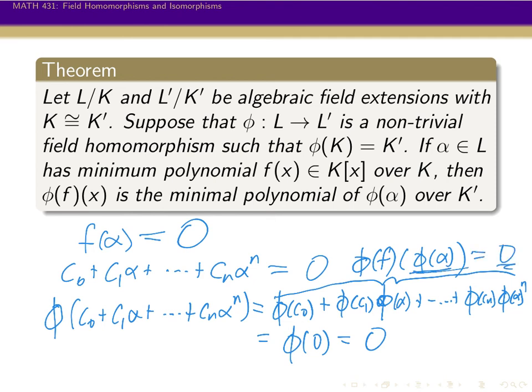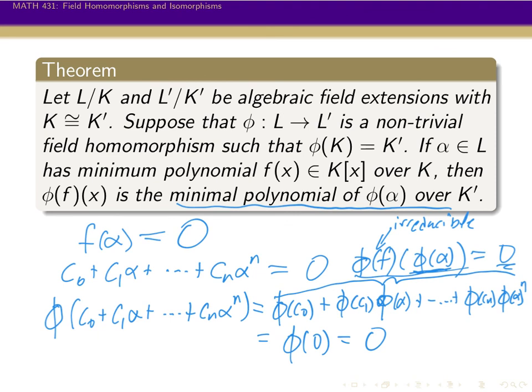And then previously we proved that for any homomorphism, if f is irreducible, then the image of it is irreducible as well. And so we get that phi of f is irreducible. It has phi of alpha as a root, and so that means that it is the minimal polynomial for phi of alpha over K prime.